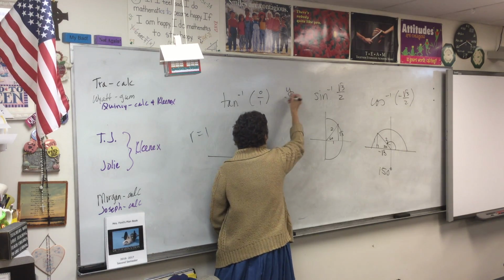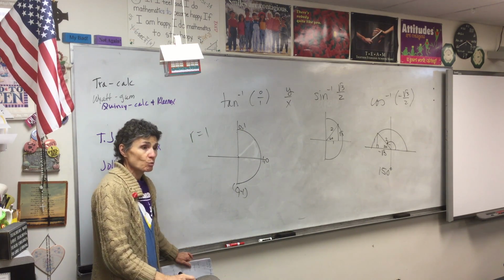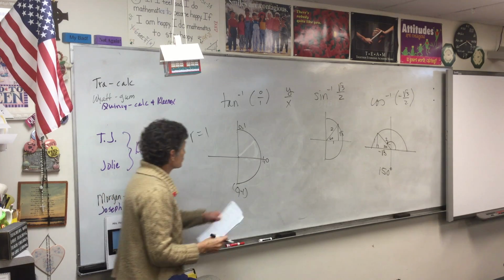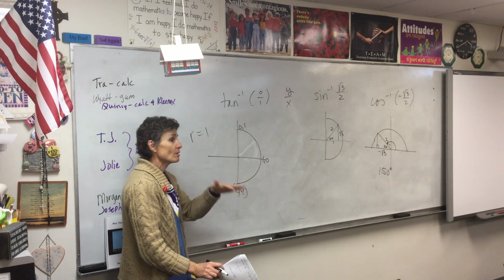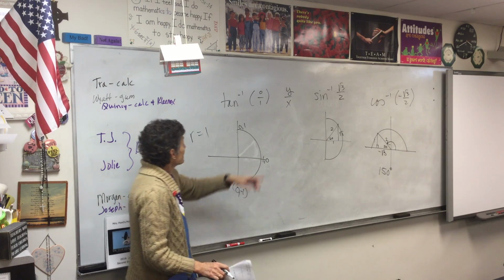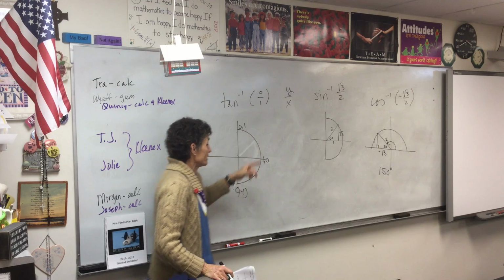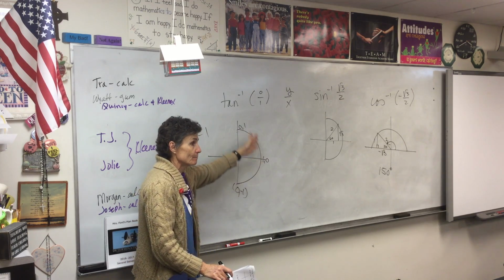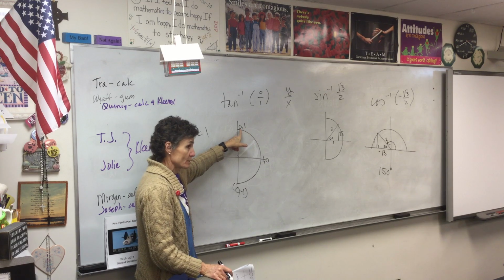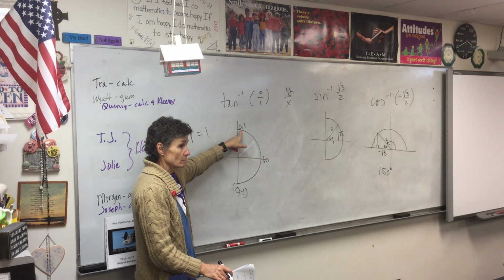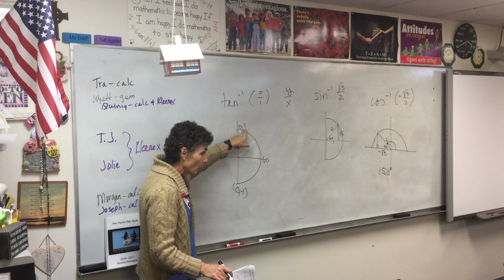Tangent is y over x. Yes, you have to remember that. Tangent is y over x. So you simply go around the circle, and where does it happen that y over x is 0 over 1? Where does that happen here? Up here? Yeah. Y over x would be 1 over 0. This is x, this is y, like a regular point.